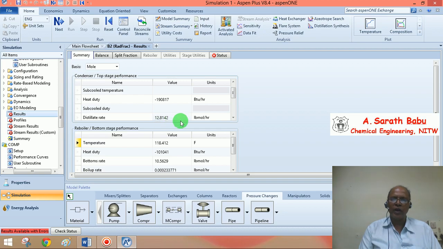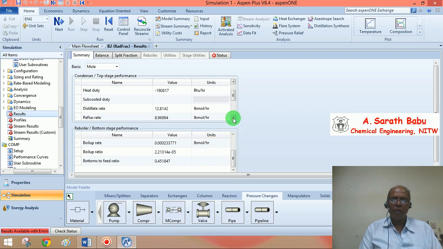So what is the distillate to feed ratio? 0.12. Sorry, the distillate rate, this is final values. That is condenser. Reflux ratio is given as 0.7, right? And what is the distillate to feed ratio? Distillate to feed ratio is given as 0.54.